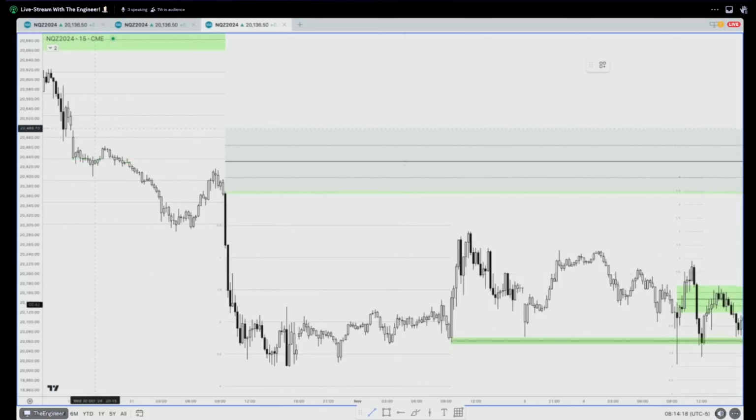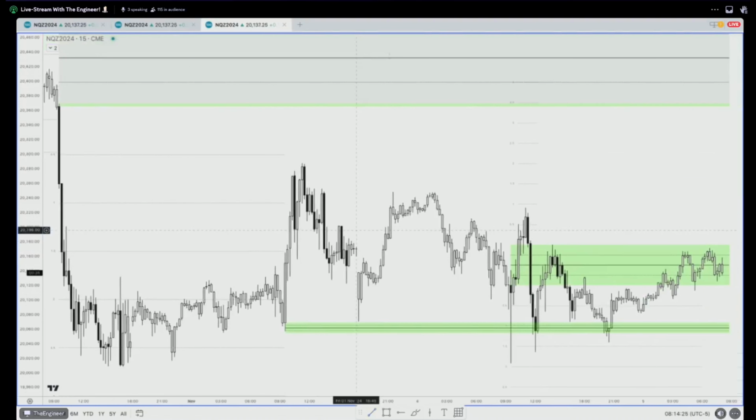Could be a fair value gap on the 15-minute chart, many times my favorite time frame, and could be an order block, a breaker block, but only PD arrays from this chart.